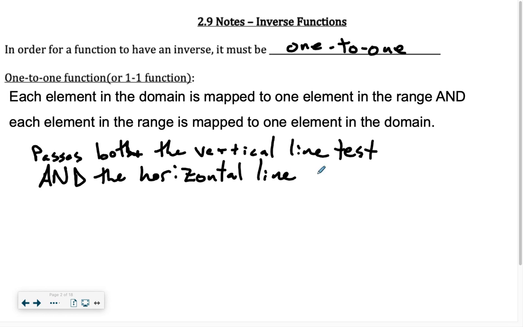Meaning if I draw a horizontal line through my function anywhere, it does not touch more than one point. So let's take a look at some examples of that.